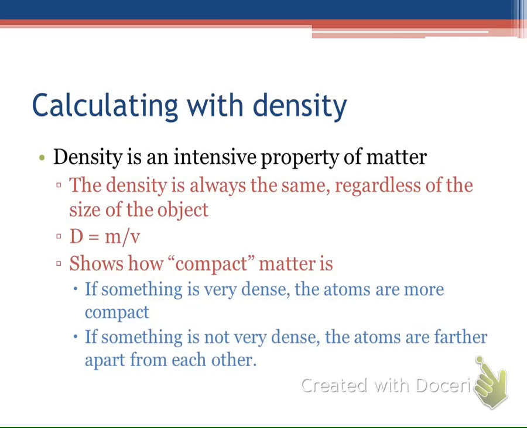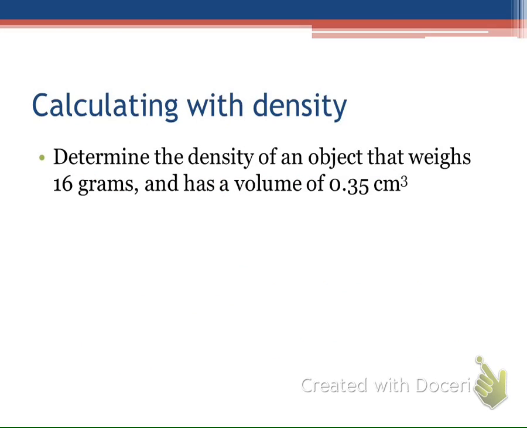All right, let's see here. We're going to find the density of an object that weighs 16 grams and has a volume of 0.35 centimeters cubed. Mass over volume.